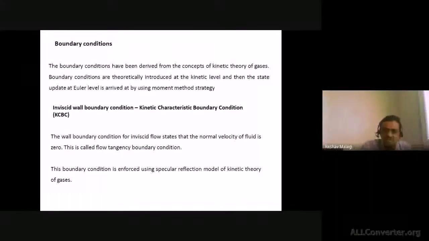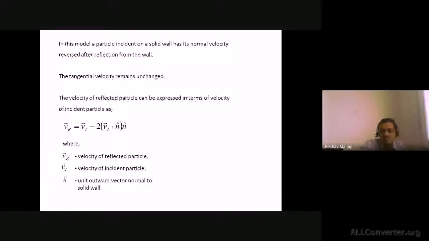And these are the boundary conditions which are defined in the kinetic characteristic boundary condition. These boundary conditions are very unique to the kinetic schemes. Using just the specular reflection model, that is, an incident particle on the body will reflect with equal velocity but in the opposite direction and will not have any tangential velocity. This is the specular reflection model.